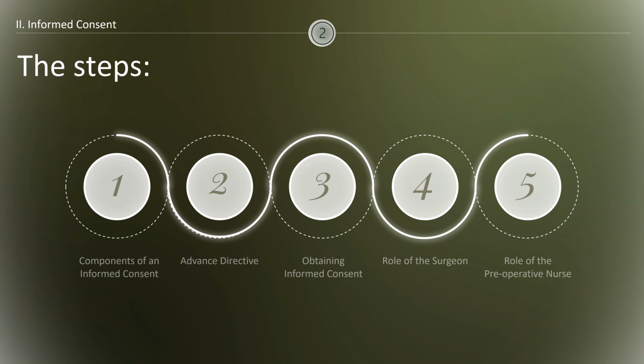And emergency is also a special consideration for consent. Is verbal consent acceptable, or is written obtained later?